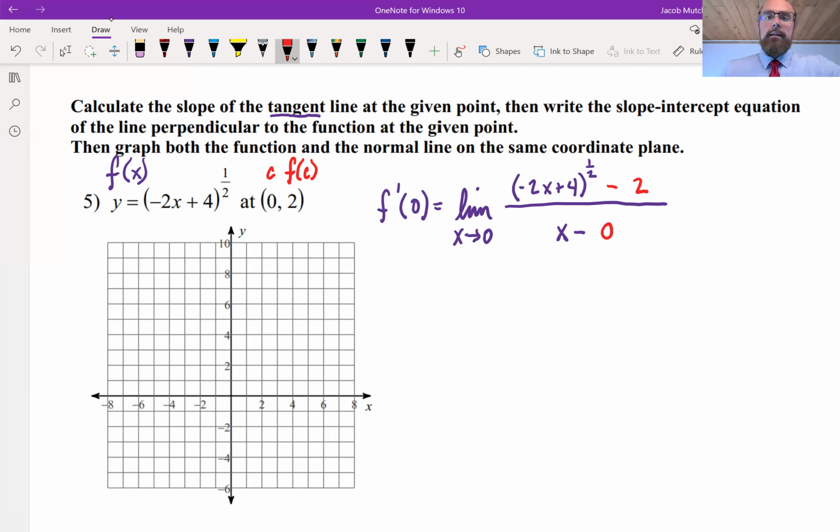So we want to take that limit. Again, what we're interested in is a definite numerical value.